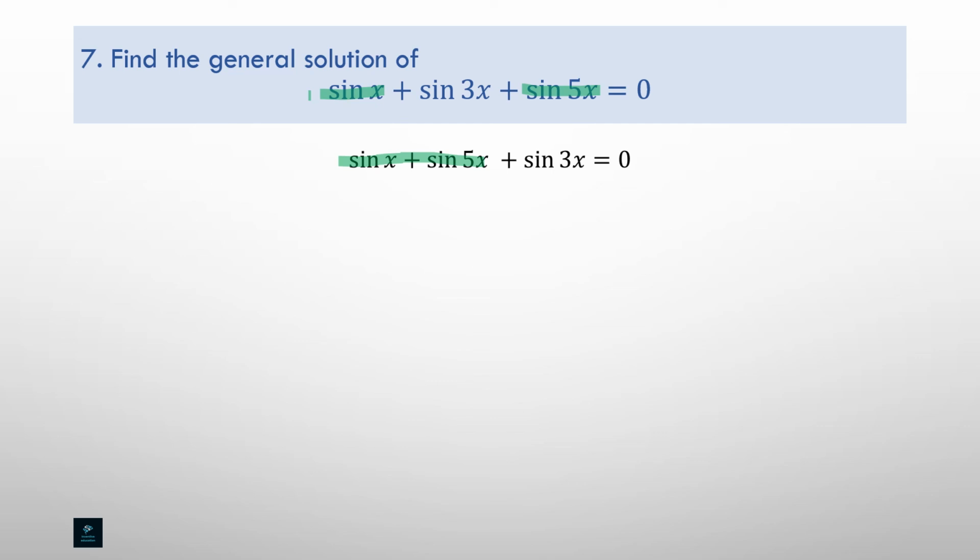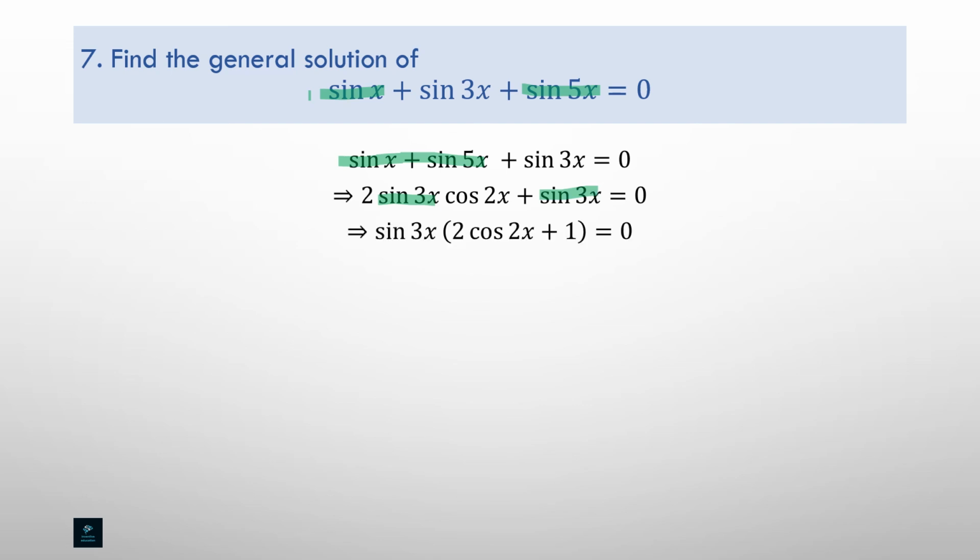We will apply the formula of sine A plus sine B on sine x plus sine 5x, and we will get 2 sine of 3x times cos of 2x plus sine of 3x equal to 0. Now we can take sine of 3x common from here, and we get sine of 3x times (2 cos 2x plus 1) is equal to 0.